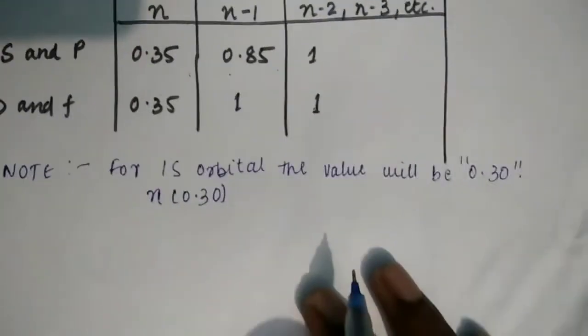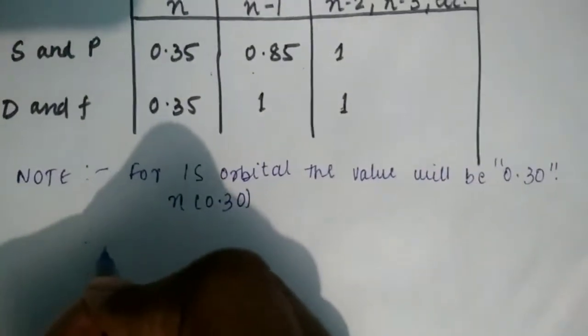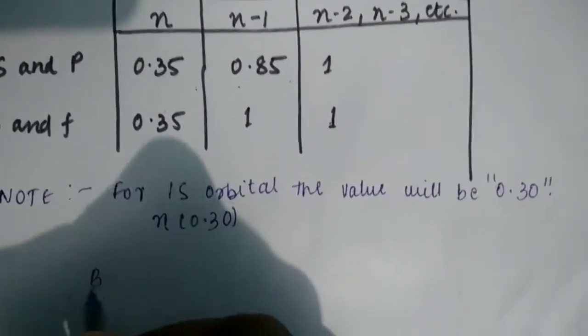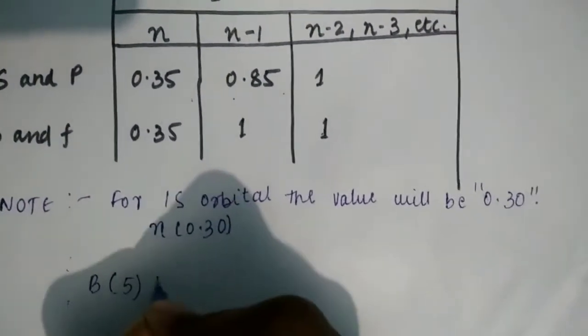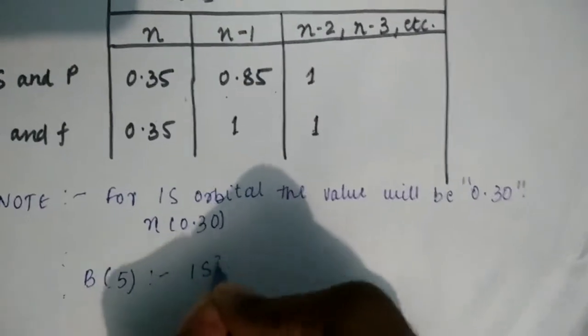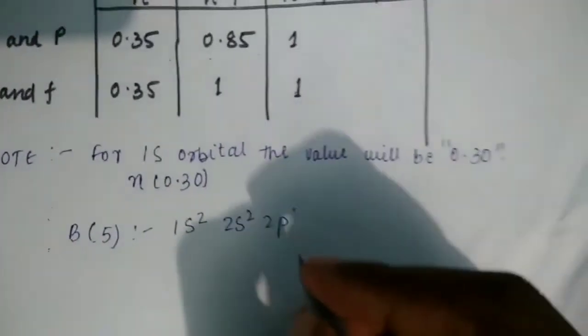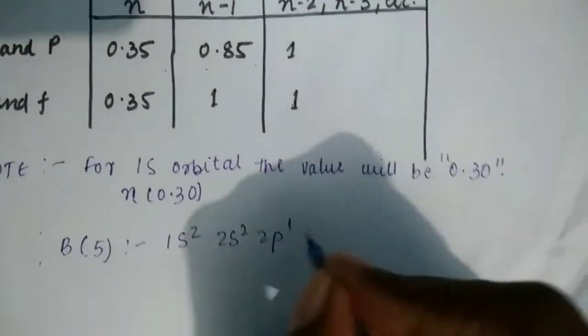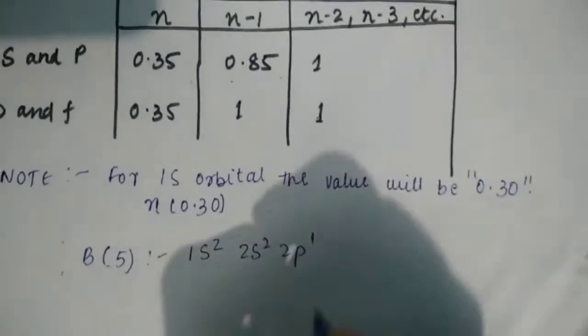Now let's solve some problems. Let's calculate the shielding effect for boron. B: the atomic number is 5 and the electronic configuration is 1s2, 2s2, 2p1. We have to calculate the shielding effect for boron.